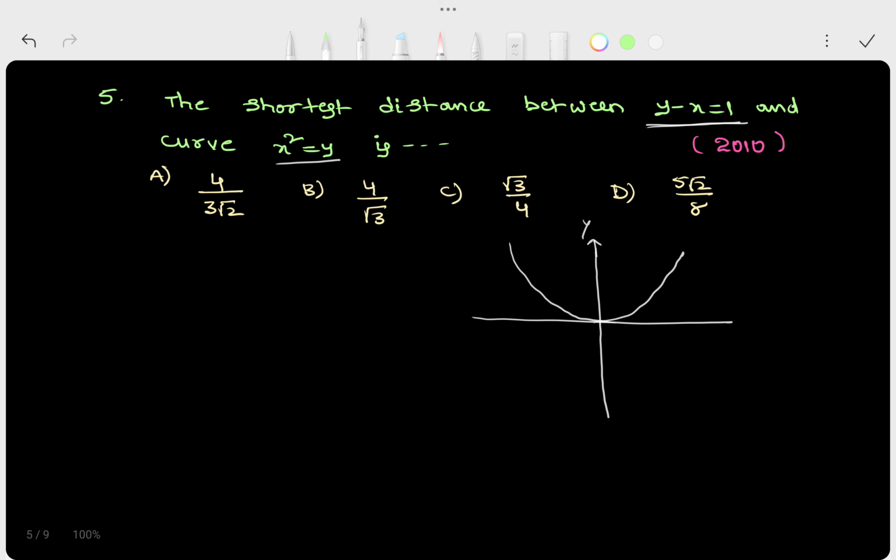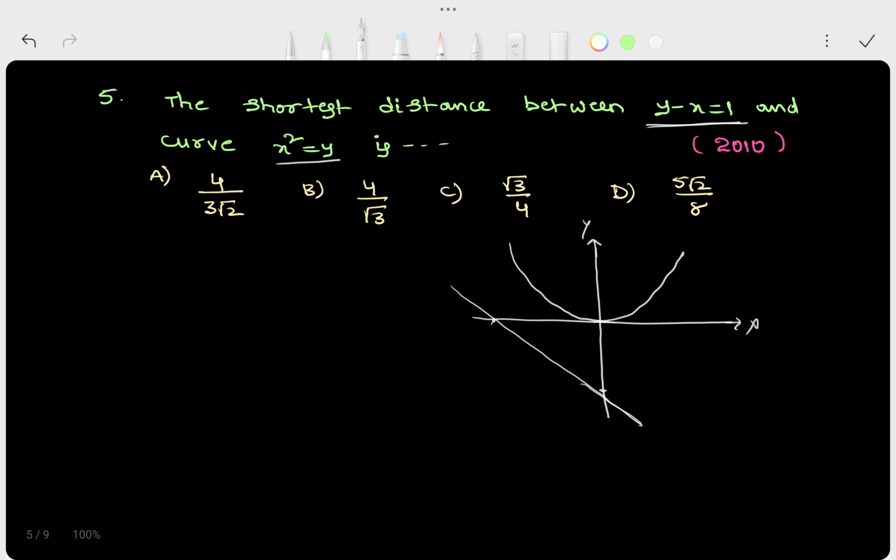This is the y axis and this is the x axis. If you write x is equal to 0, the y value is 1. Y is equal to 0, x is equal to minus 1. So the line will be at this position.